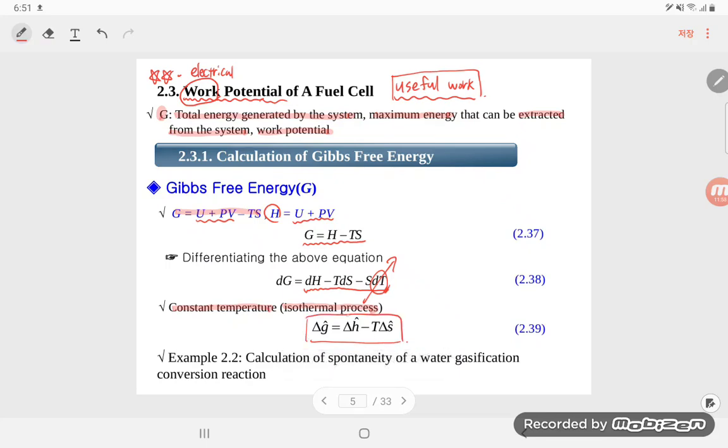So if we know the amount of the enthalpy change and entropy change, then we can get the delta G in the isothermal process. Okay, so there is an example in the textbook. So just check it by yourself.